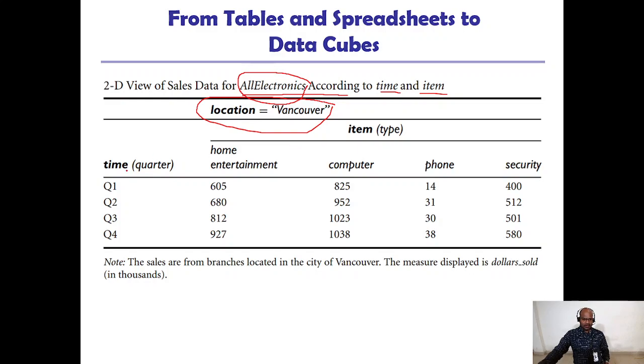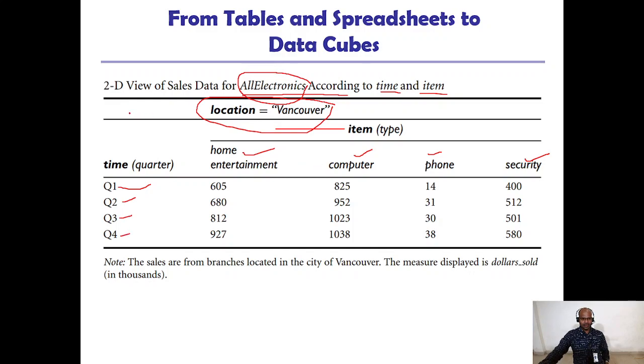So the data is divided into two dimensions. In one dimension we have item type: home entertainment, computer, phone, or security. In another dimension we have quarter one, quarter two, quarter three, and quarter four data.